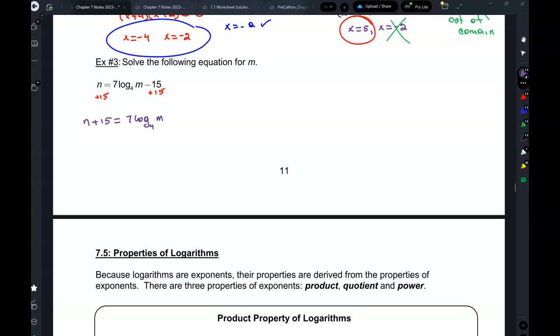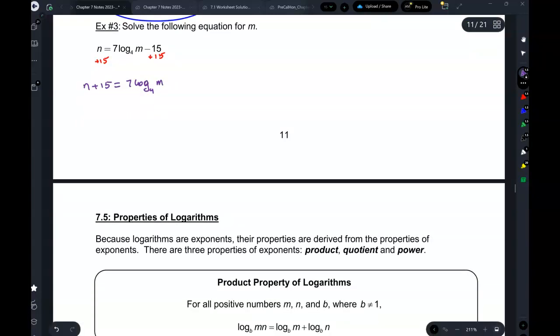Okay, what do you suggest we do next? Divide by 7. So n plus 15 over 7 is log base 4 of m. Now what? We've got to change it to exponential form. Where is the exponent here? n plus 15 over 7.